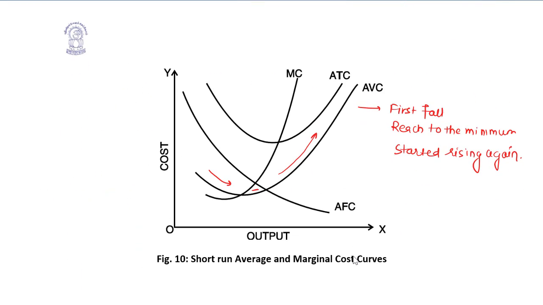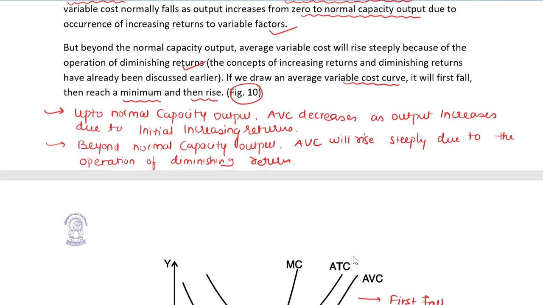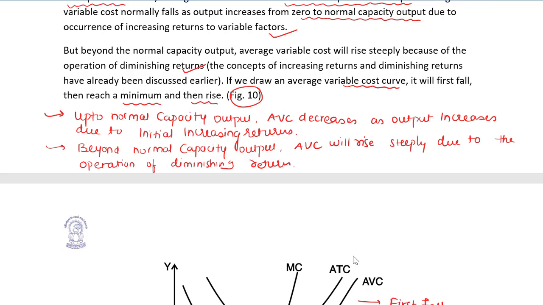AVC will rise steeply due to diminishing returns. AVC is not exactly a U-shaped curve.